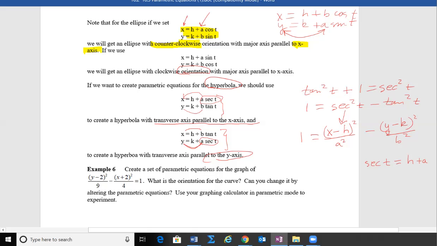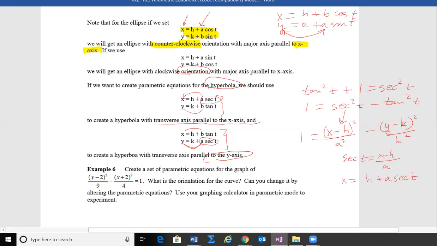I want to say, as long as your secant of t is x minus h over a, which then makes x equal to h plus a secant t.